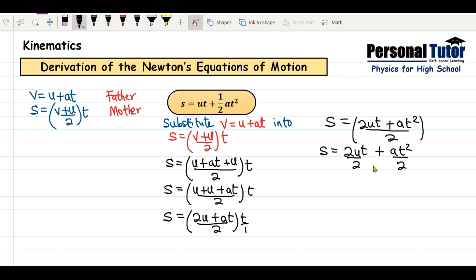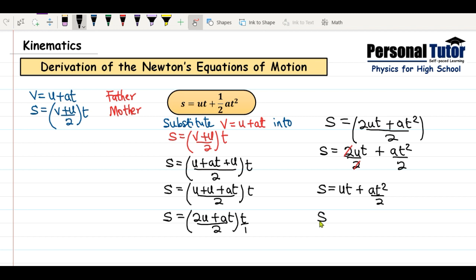And I trust you are not confused here. So originally, this is how it was. And when you find the LCM, it will be 2. Okay. And s is equal to, you bear with me that these 2 here will cancel that 2. And you'll be left with ut plus at squared over 2.